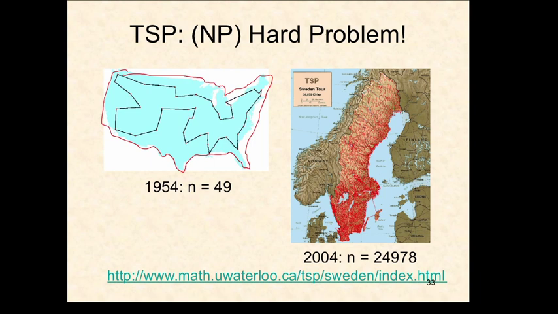Solving that problem with 25,000 vertices took basically years of compute time, using lots of computers at once, just to improve a solution. When we run TSP finding optimal solutions on the autograder today, we're never going to give you more than 40 because it would take too long.